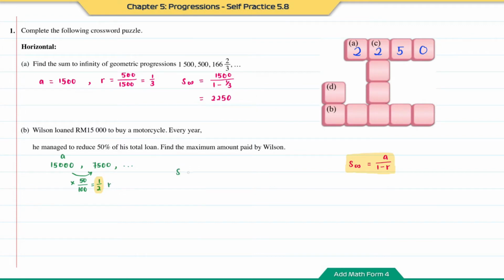To find the maximum amount paid, we're going to use the formula sum to infinity. So it will be 15,000 divided by 1 minus 1 over 2. Solve this, the answer will be 30,000. So the answer for the horizontal B here will be 30000.